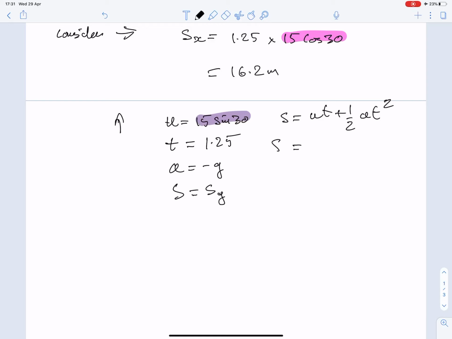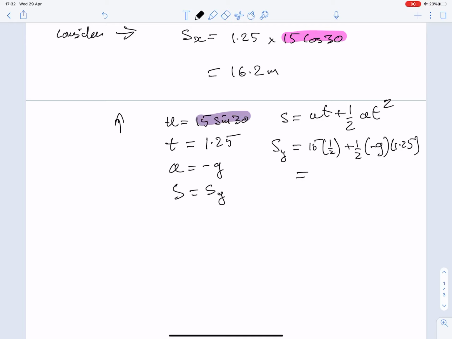So we get sy equals u, which is 15 sine of 30, and sine of 30 we should know is a half, plus a half minus g, t is 1.25. Tap that in the calculator, and I've missed something in there, haven't I?